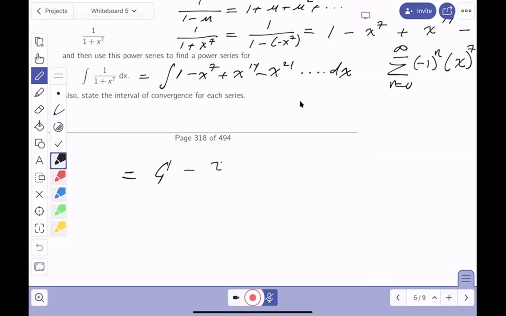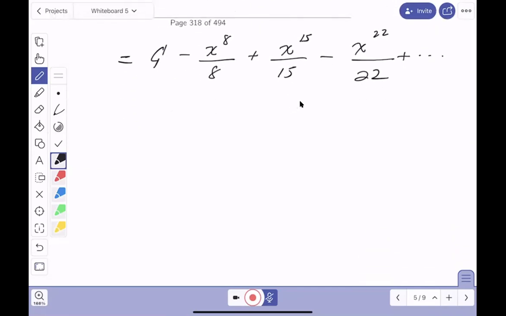What do you get over here? x^8 over 8 plus x^15 over 15 minus x^22 over 22 plus and so on. I'm going to write that as a sum.